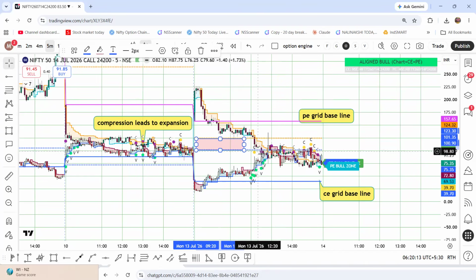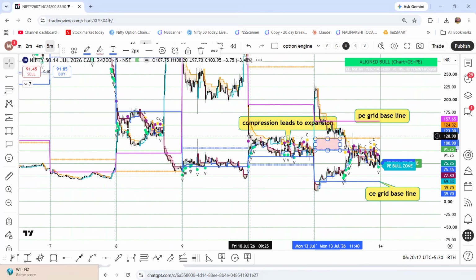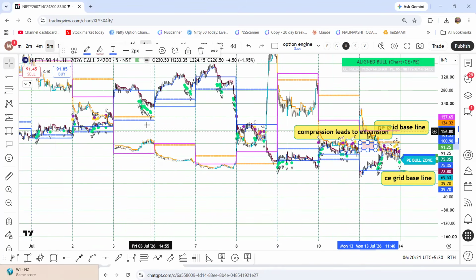This concept I call CE-PE Pivot Convergence. Here, this is the CE-PE Pivot Convergence when the premiums are very high. Let me go back to the back side. This is the convergence. Price is not converging here, because this call option is 14 July and it is very far off. See, on the 3rd July we are seeing pivot convergence.